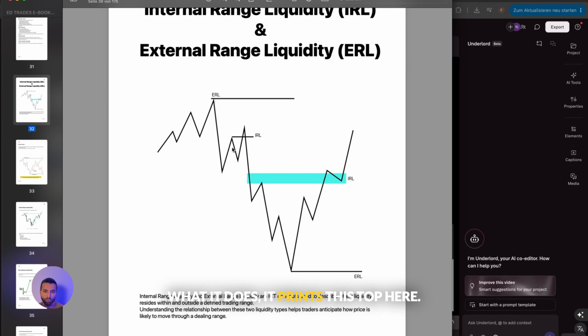What it does, it prints this top here. So you can imagine that funds as well as retailers are going to put their stop losses or their buy stops just above this high over here. What it then does, it just runs these buy stops aggressively.